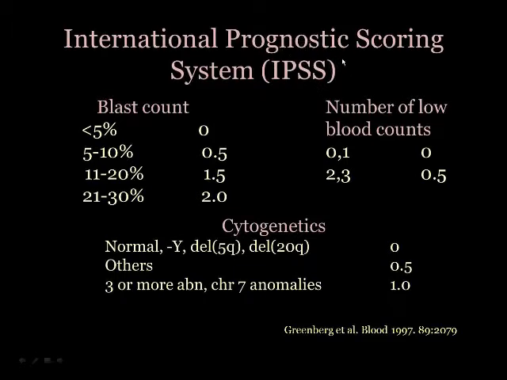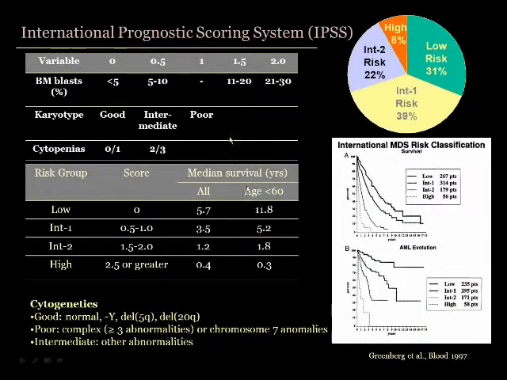This is the International Prognostic Scoring System, and it's based on the number of blasts, the immature cells in the bone marrow, the number of low blood counts, and then the cytogenetics, so particular cytogenetic abnormalities that either give you a better than average prognosis or a worse than average prognosis. And you can look at this and add up a scoring system and then use that to guide us in terms of the outcome.